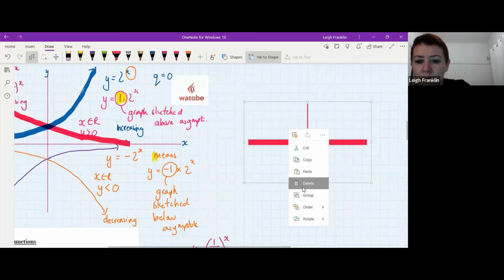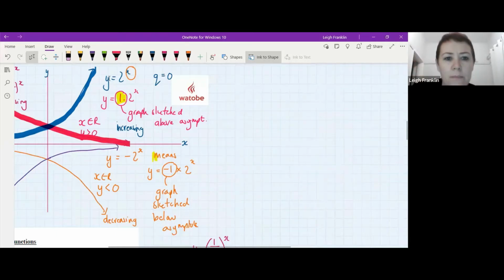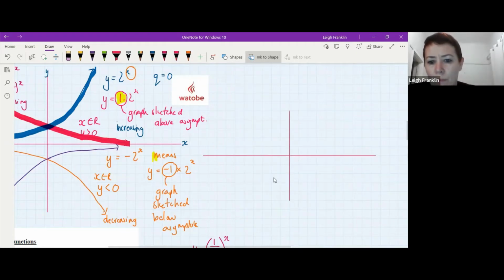Oh, come on, delete. There we go. Okay, so the line y equals, hang on a second, what is going on?